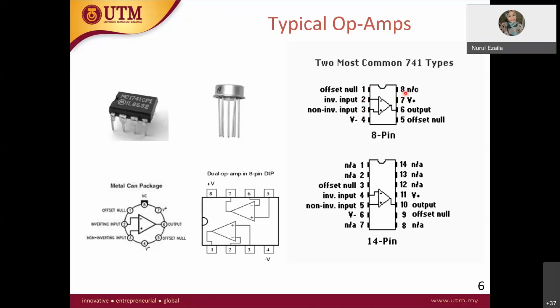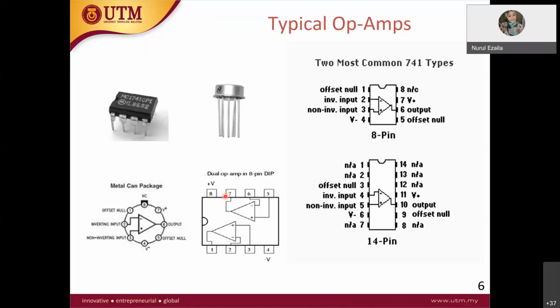Each of the pins here represents a different voltage. Inside this op-amp IC, it has pins 1, 2, 3, 4, 5, and 6. You have to connect each of the pins correctly in order for your op-amp to function.